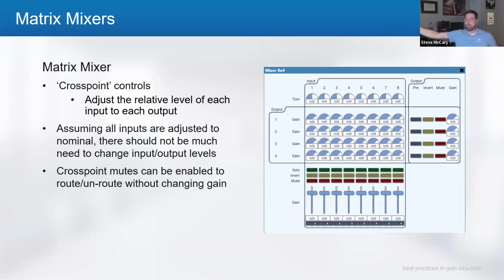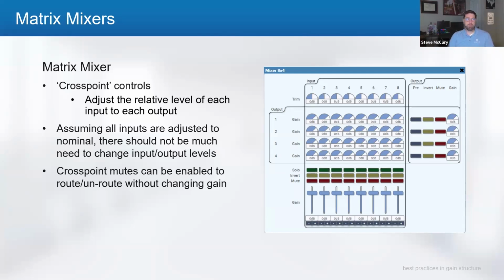You're getting plenty of volume in the room, you're getting plenty of volume to your far end, all of that is fine. Having a matrix mixer in there means that you can go through and just make adjustments to those inputs that are getting fed to your AEC reference, and you can adjust that gain structure just for that signal path. So matrix mixers are super handy.